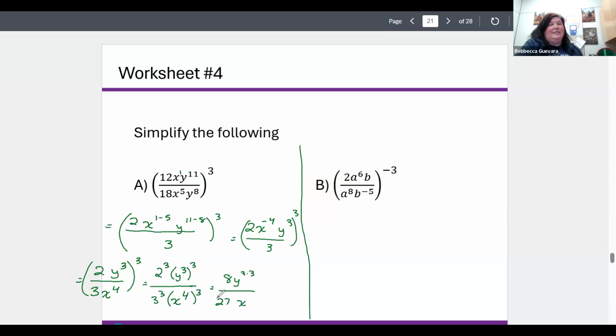And then we have x to the power of 4 times 3. So we have 8 y to the 9th over 27 x to the 12th. All right, and we can't simplify the 8 over the 27. That's already simplified earlier for us. And you might have done this a different way, and that's fine. This is just one of the ways we can do this.